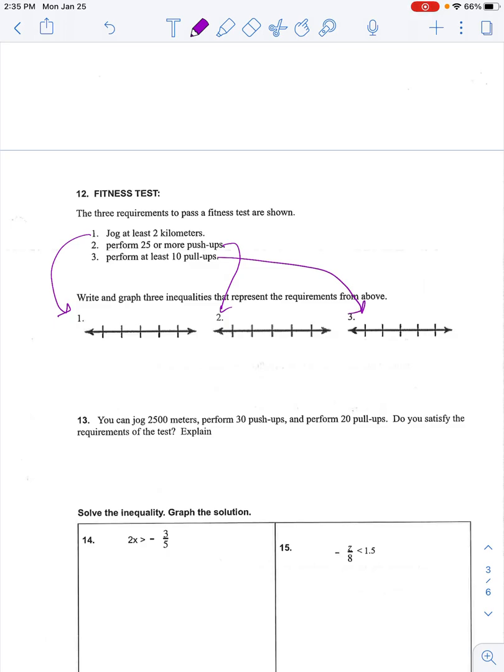The 3 requirements to pass a fitness test are you have to be able to jog at least 2 kilometers, perform 25 or more push-ups, and perform at least 10 pull-ups. Write and graph 3 inequalities that represent the requirements above.